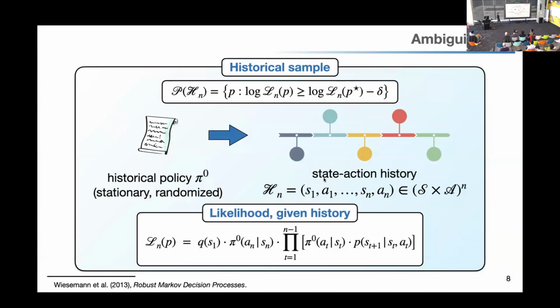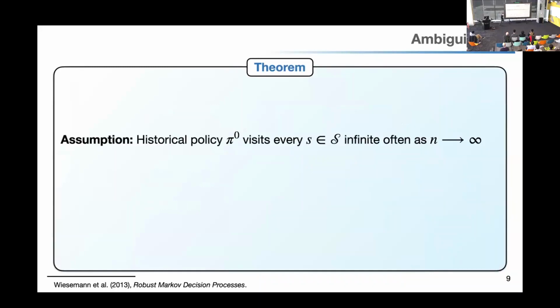As our ambiguity set, we will choose all the transition kernels P whose log likelihood is almost as large as the log likelihood of the maximum likelihood estimator, modulo some constant delta that we need to choose. If we choose delta small, we essentially only have the maximum likelihood estimator. If we choose delta large, we have many more transition kernels. So how should we choose delta?